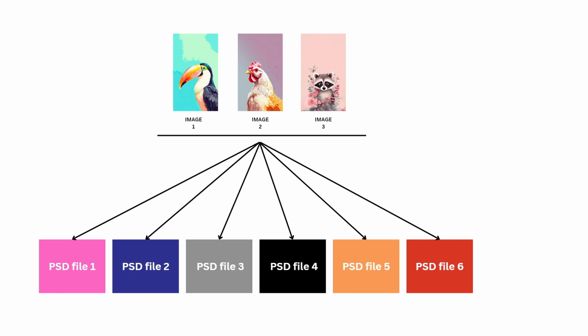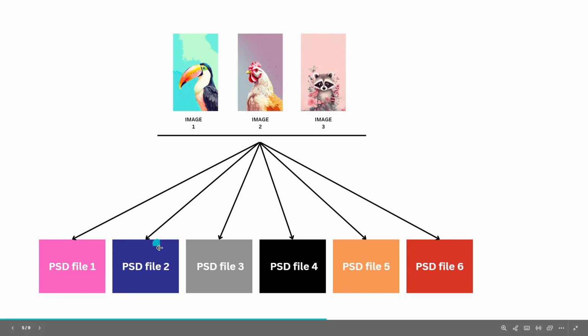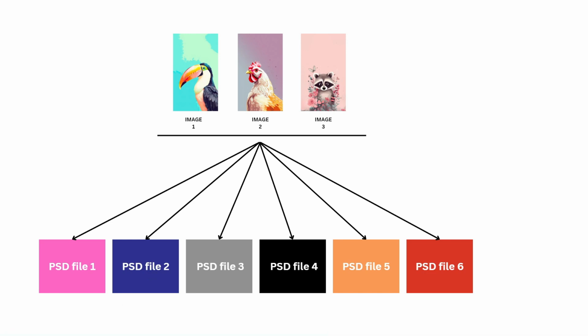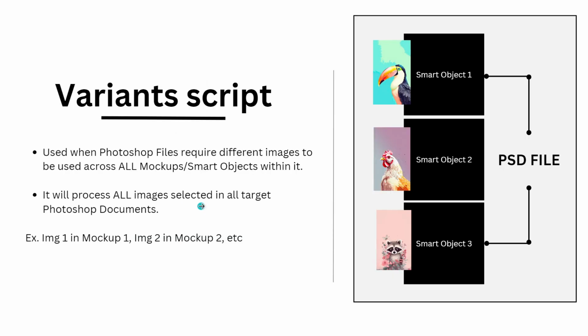The other 2 will not be used because they cannot be placed inside this file, right? If the other Photoshop file only has one smart object layer, just one image will be used, which will be in order. In this case it will be the first one, and so on and so forth. That's what the variants script does.